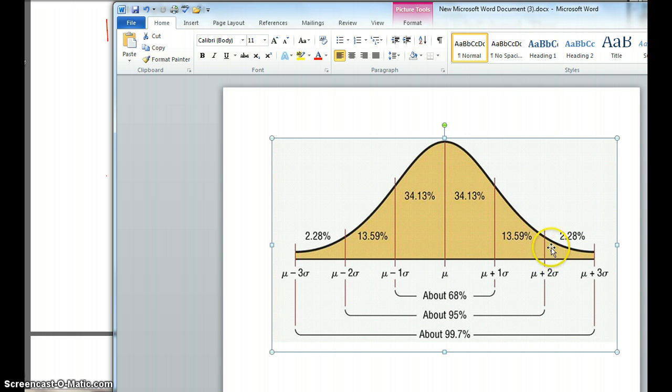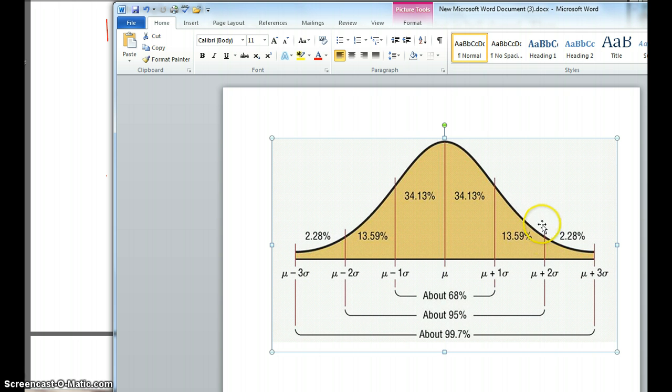Well, I know that in this interval is 95%, but because of symmetry, this half should be 47.5%. If I take away the 34.13%, I end up with 13.59%. So about 13.5% here. Again, by symmetry, this piece and this piece are the same: 13.5% here, 13.5% here.